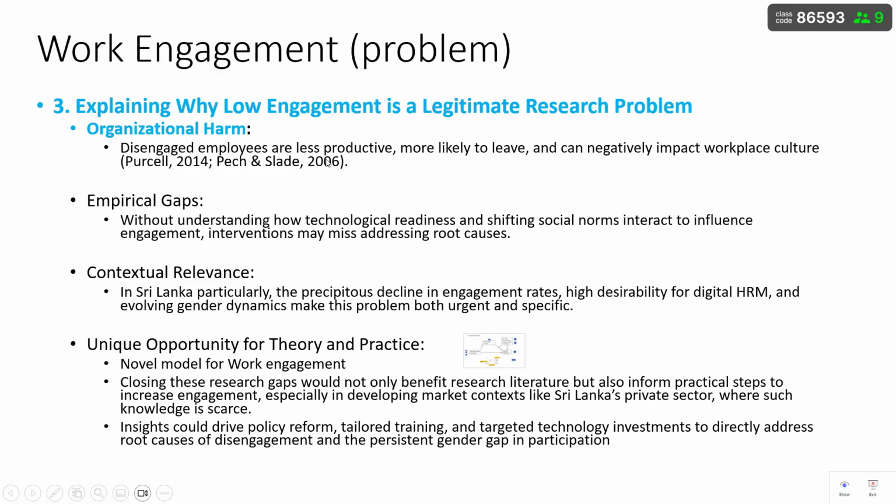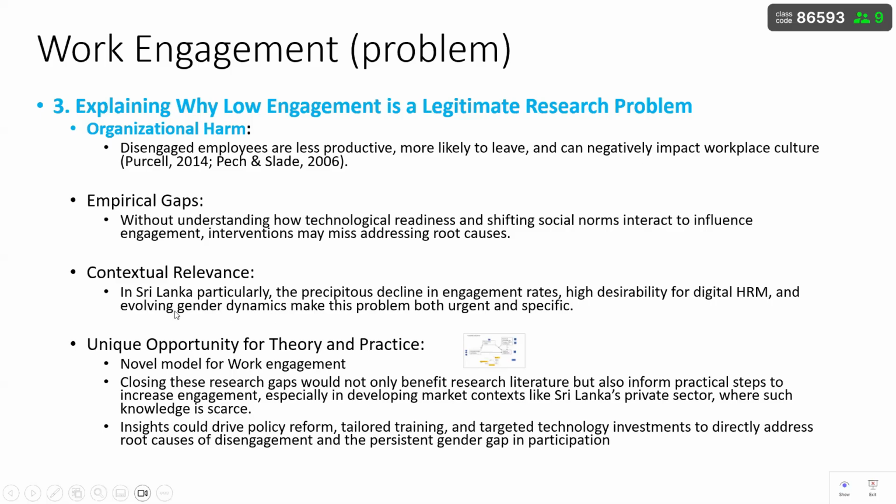Taking from these evidences, I have developed this statement, right? Then empirical gaps, as noted earlier: without understanding how technological readiness and shifting social norms interact to influence engagement, interventions may miss addressing root causes, right? So that is the empirical gaps.